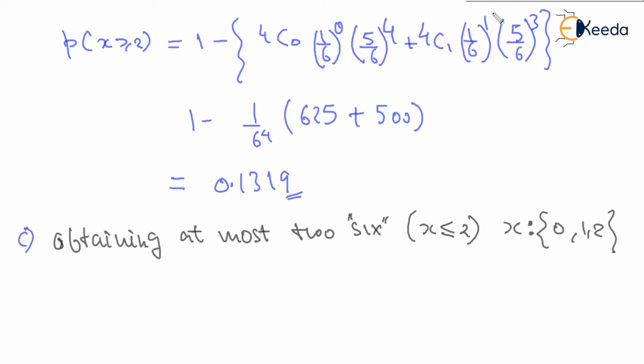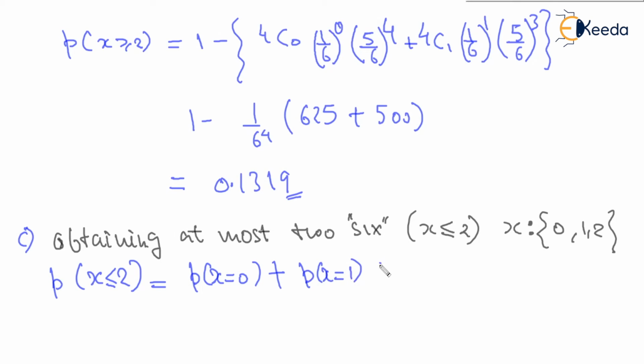So the probability of x less than or equal to 2 will be probability of x equal to 0, probability of x equal to 1 and probability of x equal to 2. We have found all these three values. P(0) is here, P(1) is here and P(2) was in the previous question. And we know the expressions also, so we don't have to write the expressions. We can directly write it is going to be 1 by 6 to the power 4.